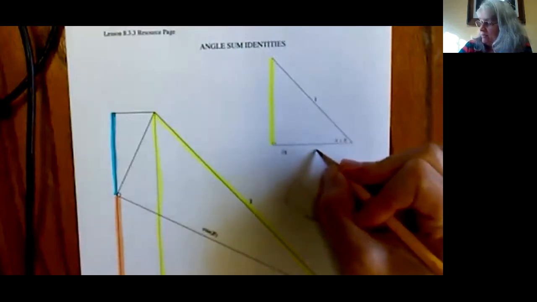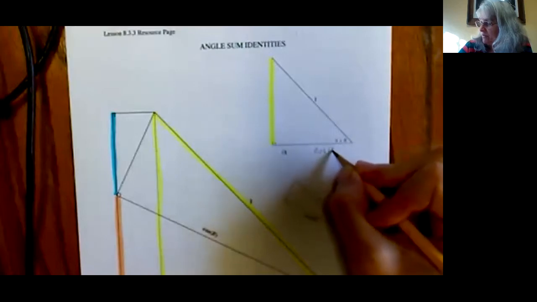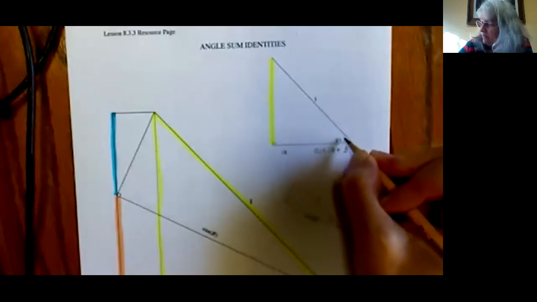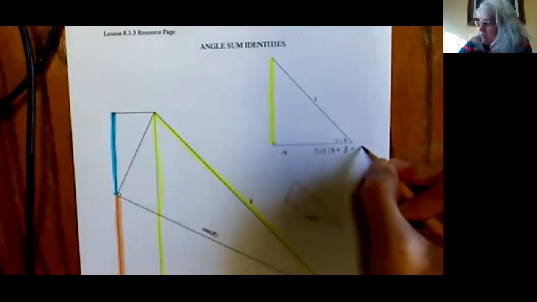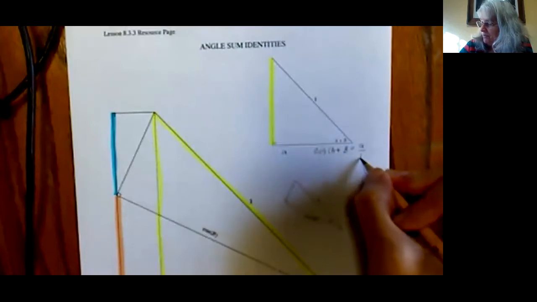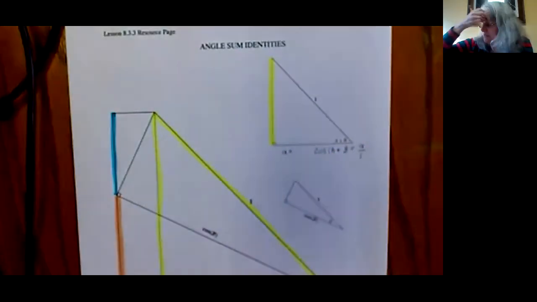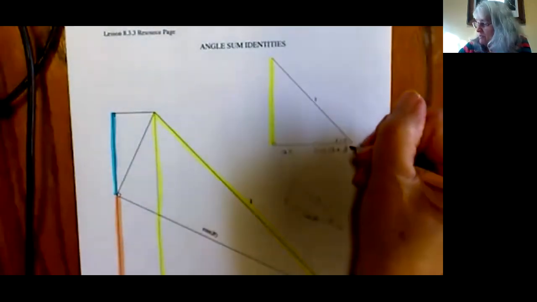Cosine of A plus B, right? If we call the side length A, it's going to be A over 1. So A is going to equal the cosine of A plus B.